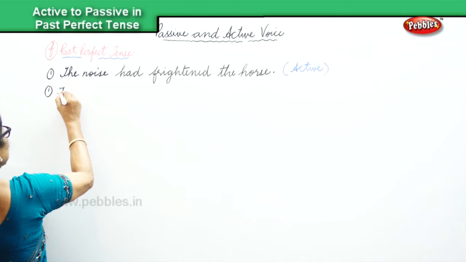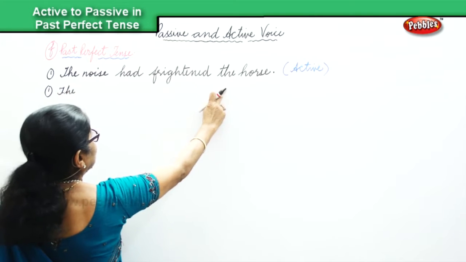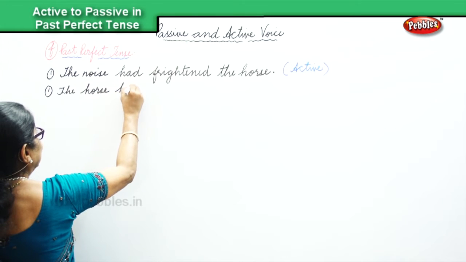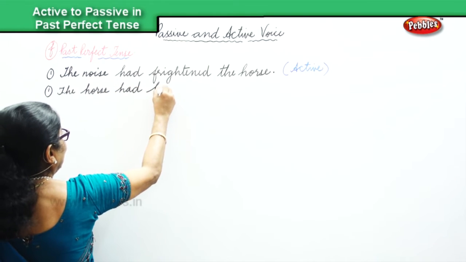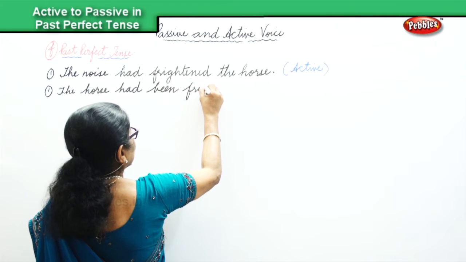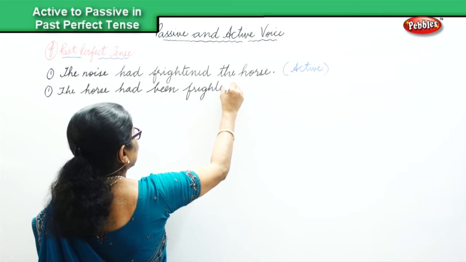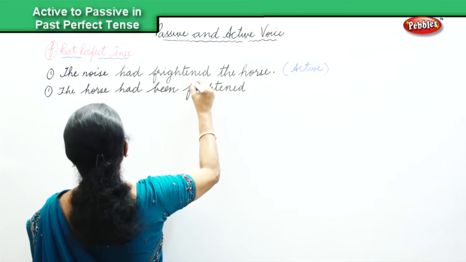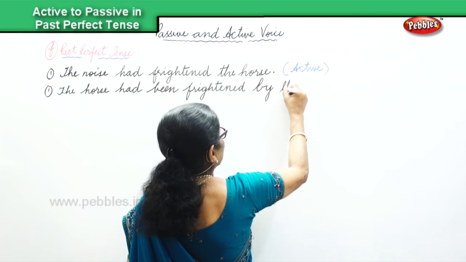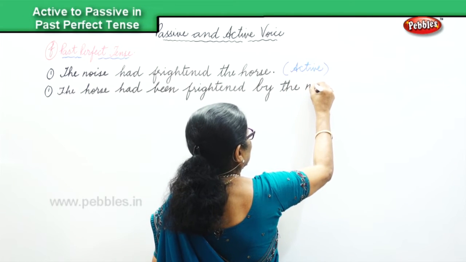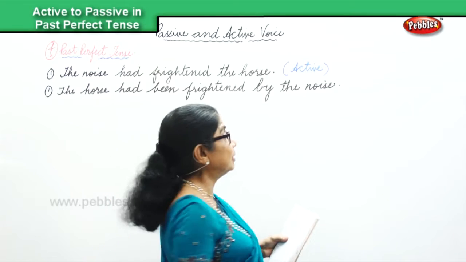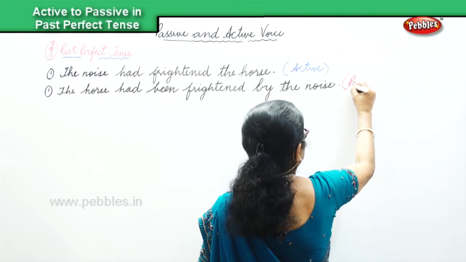The horse had been frightened by the noise. By the noise. The horse had been frightened by the noise, and that is in the passive voice. Very good.